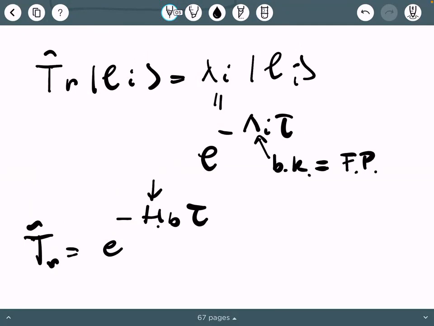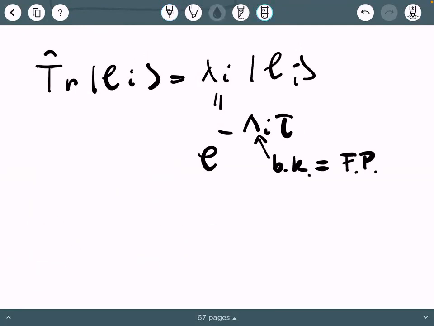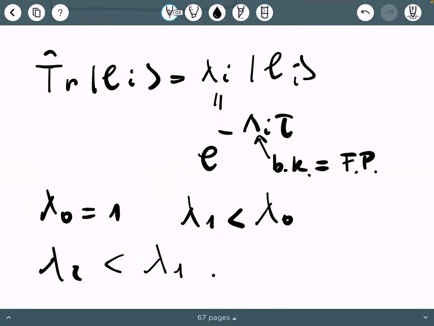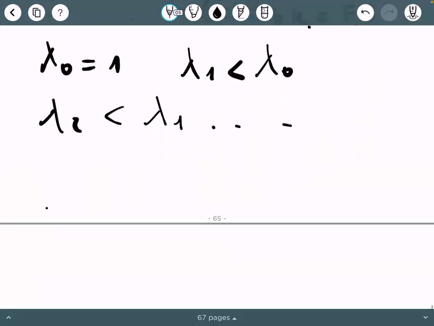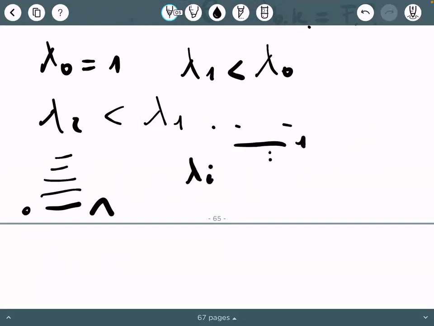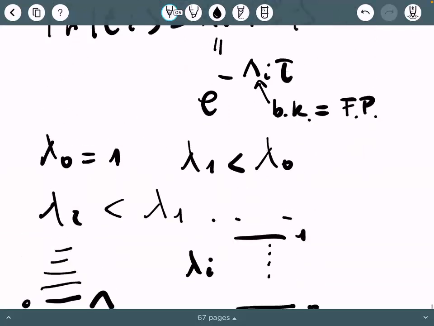which are the same as the eigenmodes of the Fokker-Planck operator. So this tells me that lambda naught is 1, and that lambda 1 is smaller than lambda naught, lambda 2 is smaller than lambda 1, and so on and so forth. The eigenvalues of the Fokker-Planck operator start from 0 and then build up, while the lambda i start from 1 and go to 0, simply because of this relationship.